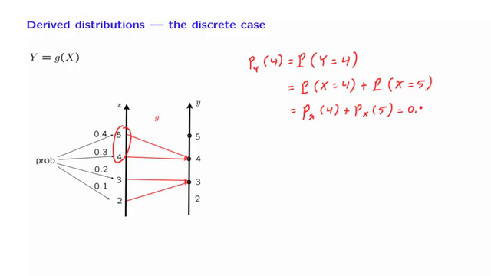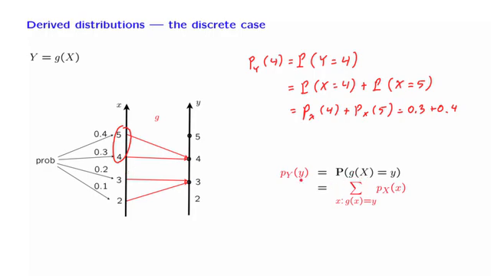And in this numerical example, it would be 0.3 plus 0.4. More generally, for any given value of little y, the probability that the random variable capital Y takes this particular value is the sum of the probabilities of the little x that result in that particular value.